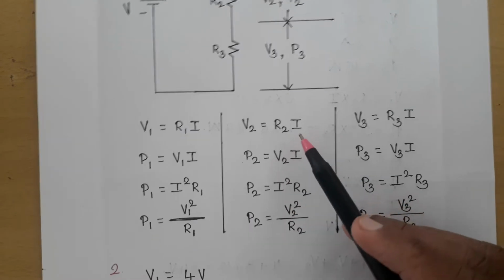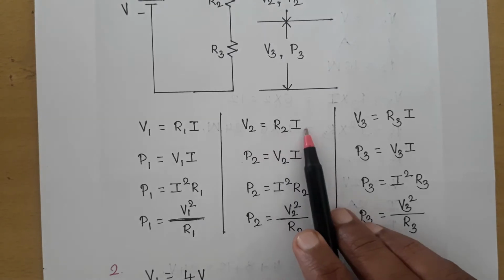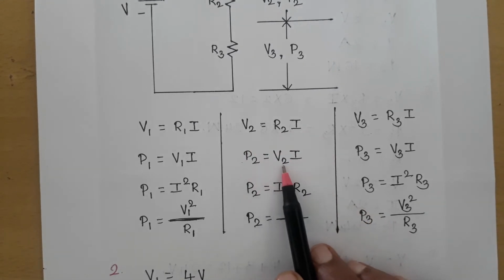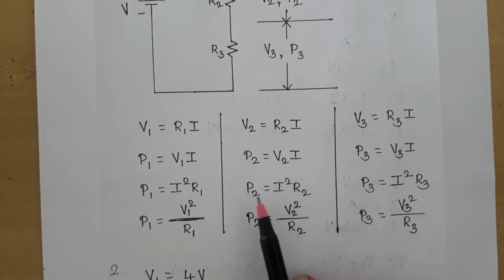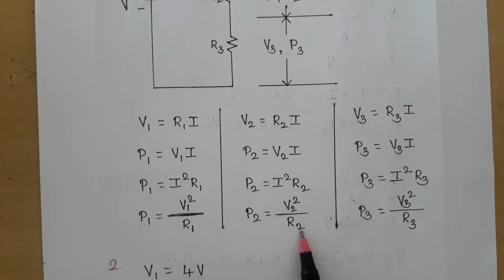Similarly, in the second element, V2 equal to R2 I, and P2 equal to V2 I, or I square R2, or V2 square by R2.